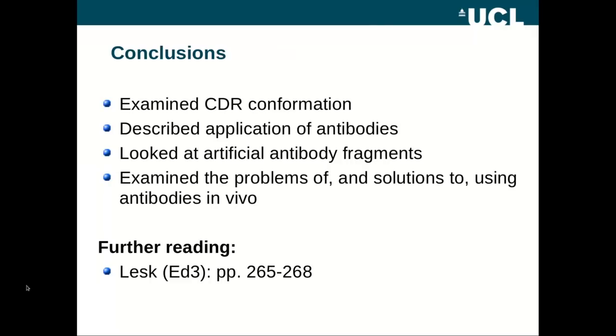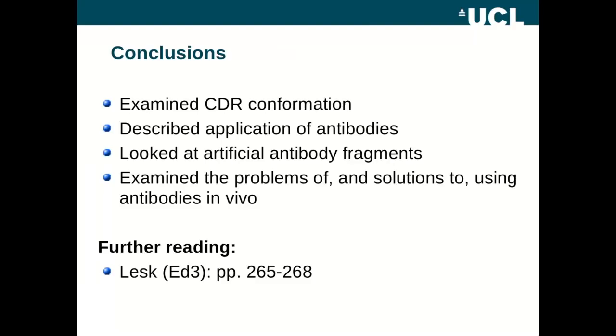In conclusion, we have examined CDR conformation in a little bit more detail, and the fact that for at least 5 of the 6 CDRs, the conformation falls into particular so-called canonical classes, and those classes are influenced by key residues present in the CDRs and residues that pack against the CDRs.